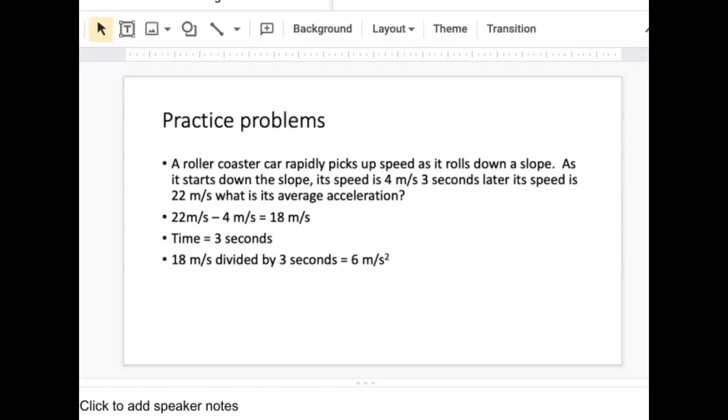So this time we would just want to know how fast it went overall. Your final velocity, Vf, is 22, minus your initial of 4 meters per second, and then you divide that by the total time, 3 seconds. So 18 divided by 3 means it was accelerating at 6 meters per second squared down that hill.